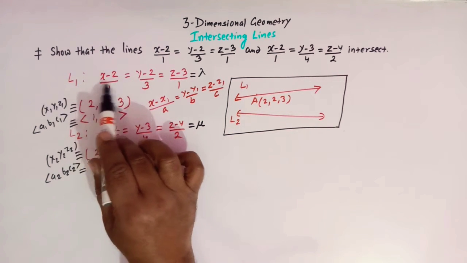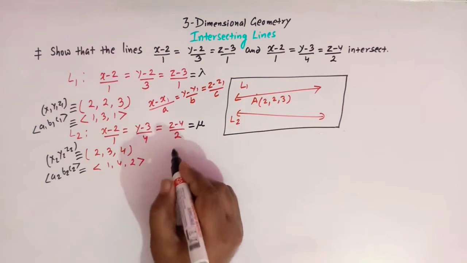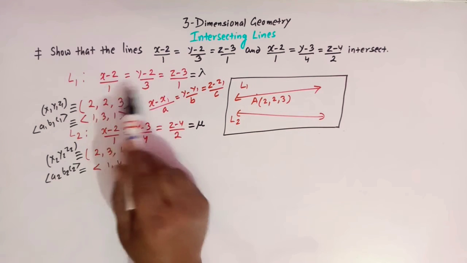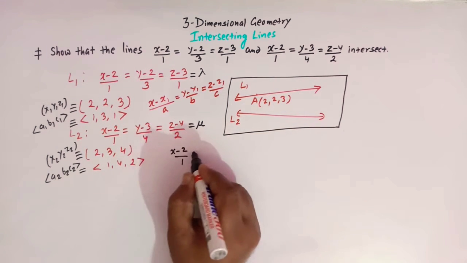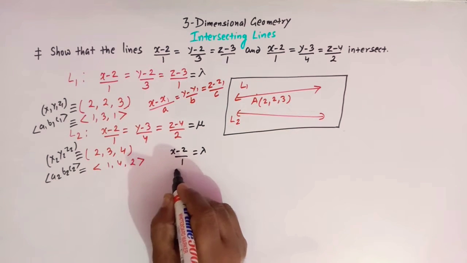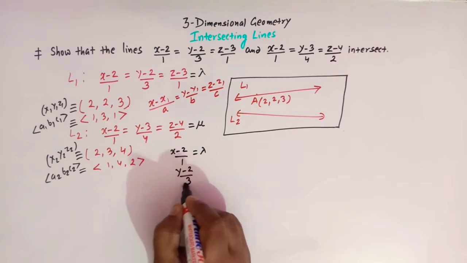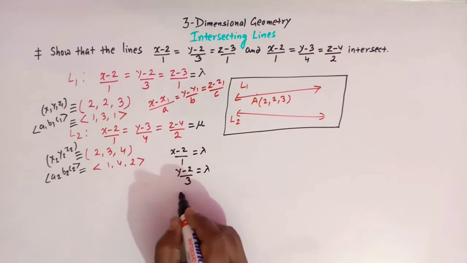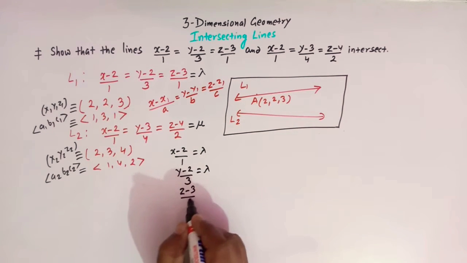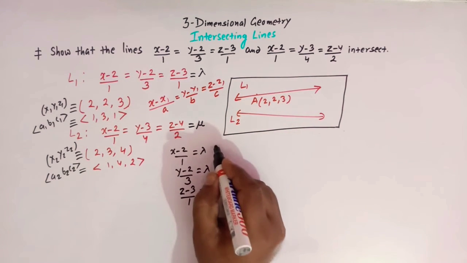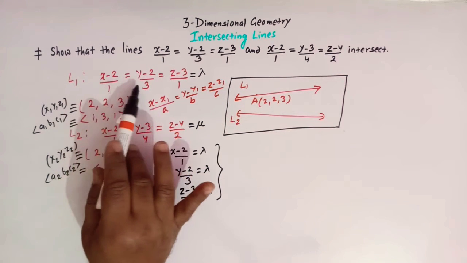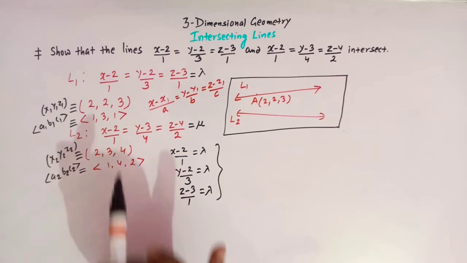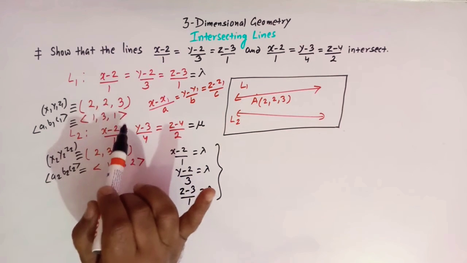So now from this equation, x minus 2 over 1 is equal to lambda, y minus 2 over 3 is equal to lambda, and z minus 3 over 1 is equal to lambda, right? So we are finding the coordinates of the general point lying on the lines.